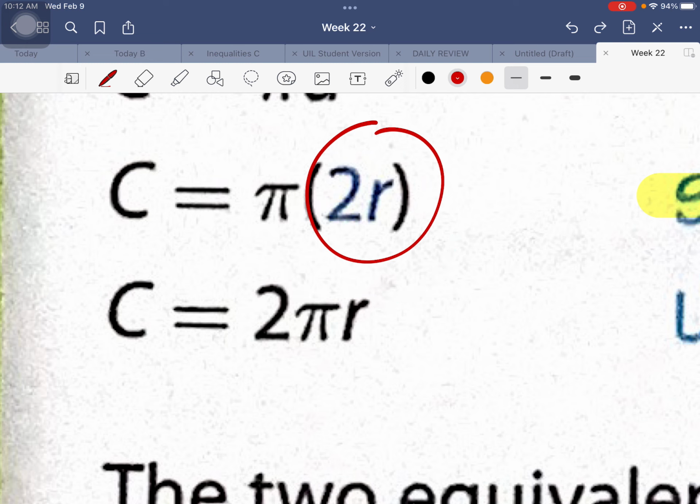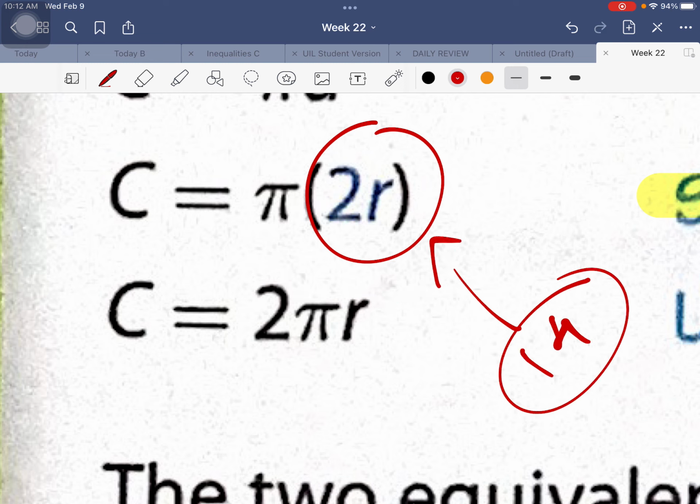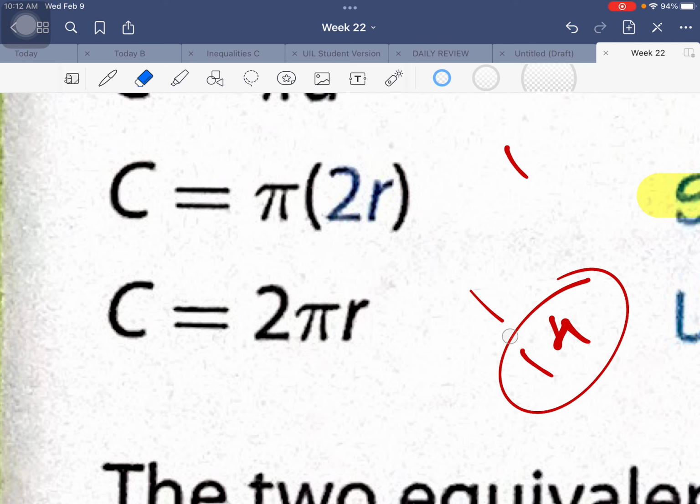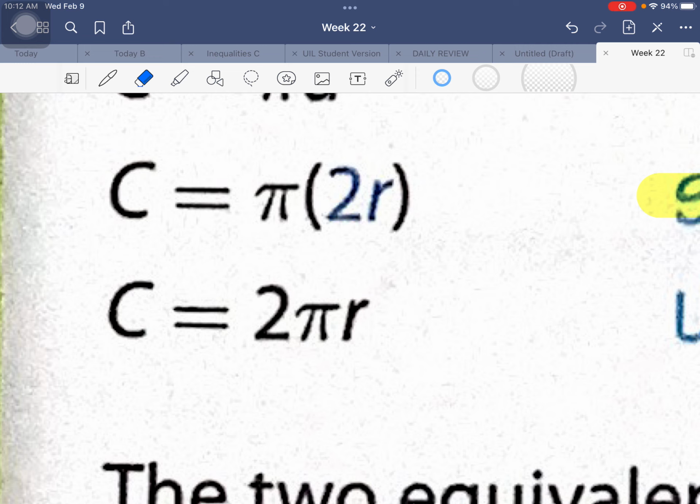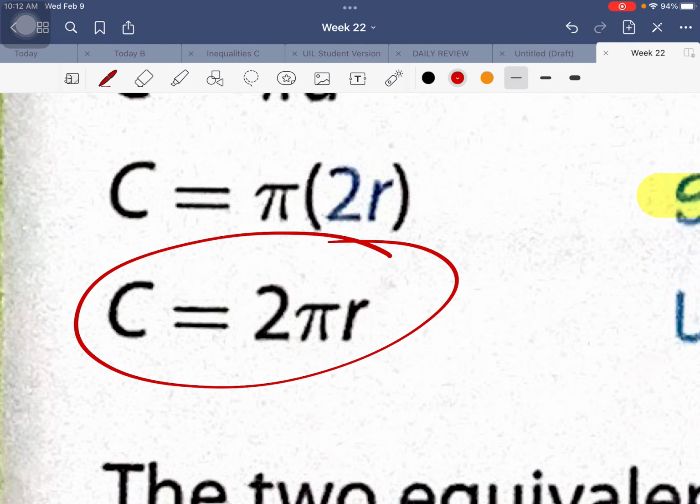Because for 2r, you might get, let's say, 14. Don't write the 14, no escriban el 14. 14 times 3.14 is going to be a big number. But first, if you multiply 2 pi, you're going to get 6.28. That's not a big number. That's something you can handle. So if you do it this way first, that would be better, guys.